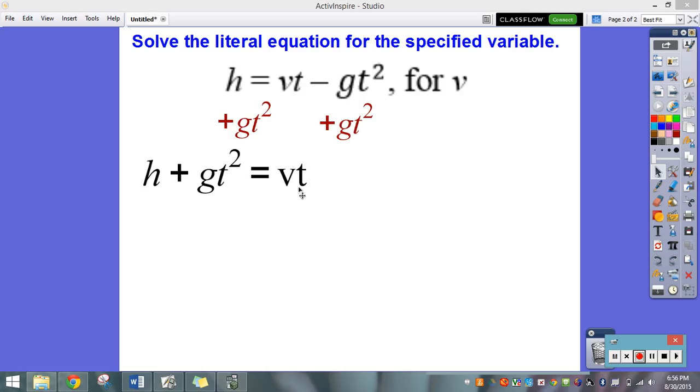In this case, it's v times t, so I would divide both sides by t, so the t's would eliminate on the right, and I would have one on the left. Once I simplify my term on the right, the t's would cancel. I'd be left with v, so v would be isolated, and I will have achieved what they asked me to do. If I write that out, it would look like this.